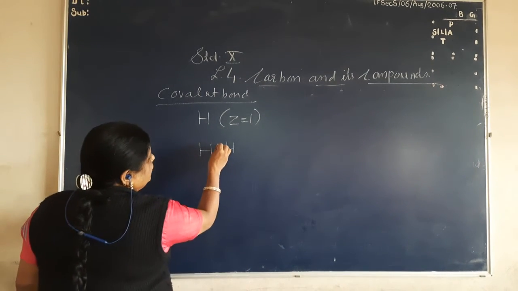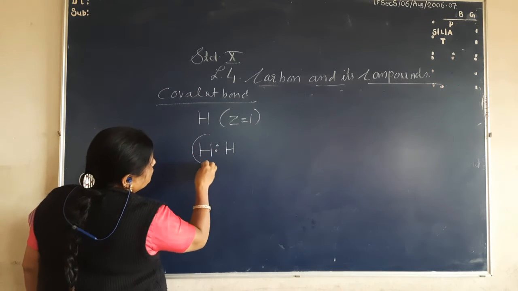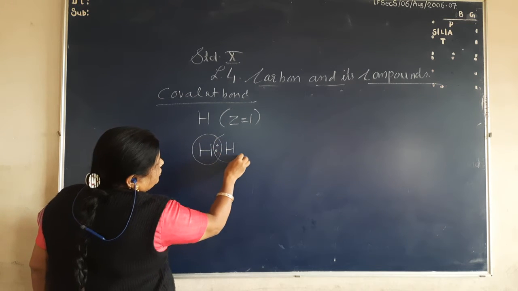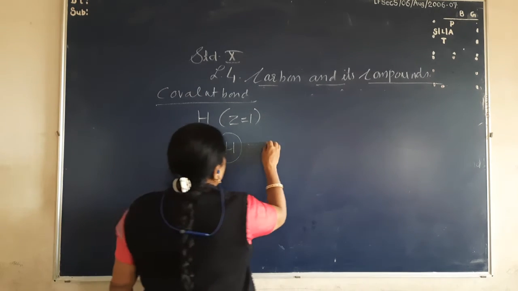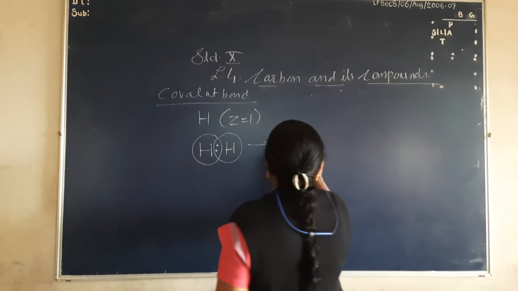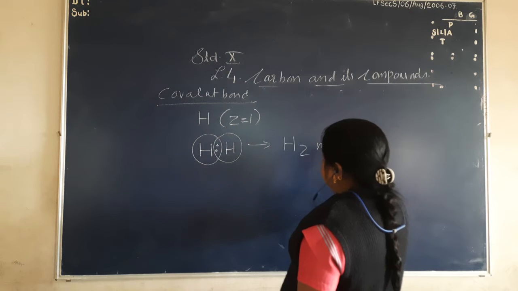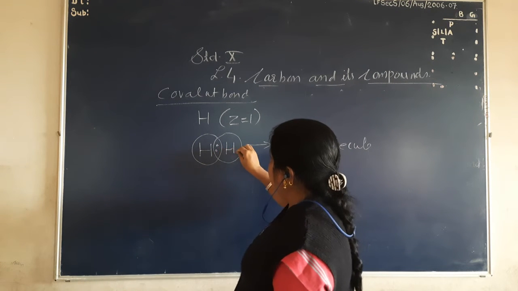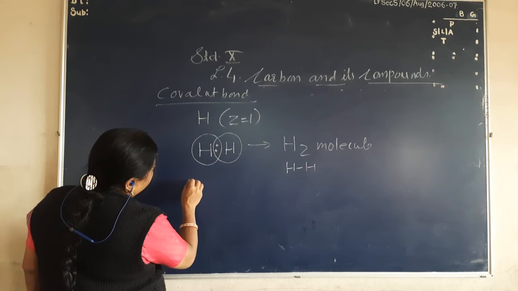They both will share their electrons. By sharing, this hydrogen is also happy, having 2 electrons, and this hydrogen is also happy by sharing the 2 electrons. This leads to the formation of the H2 molecule. You can say that there exists a single covalent bond between hydrogen and hydrogen. Same way, we can take the example of O2.